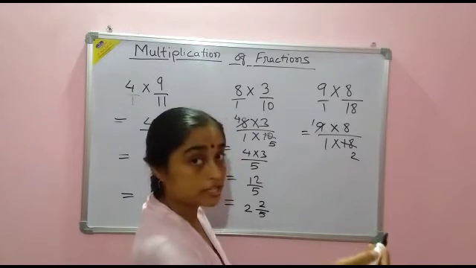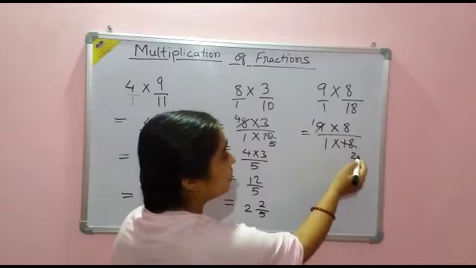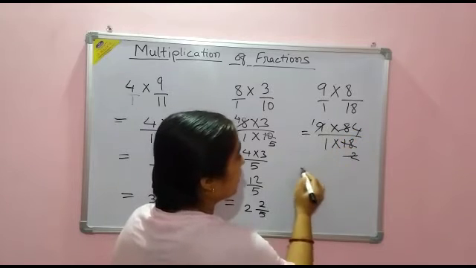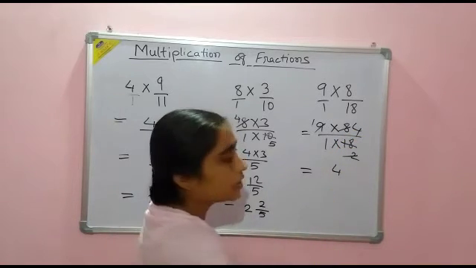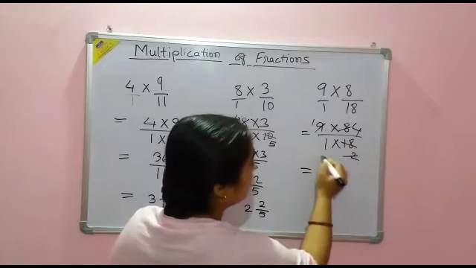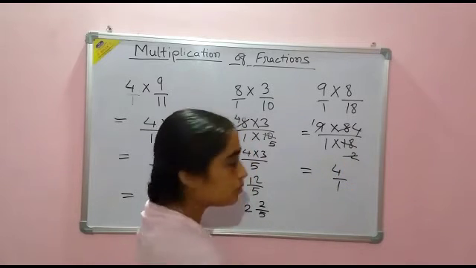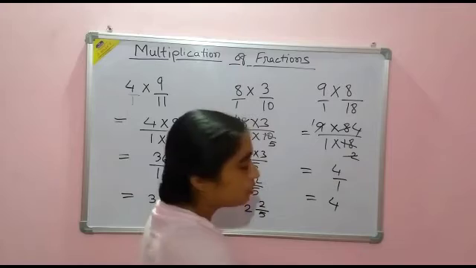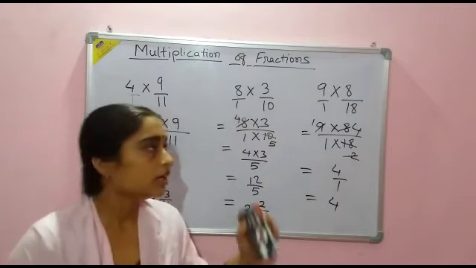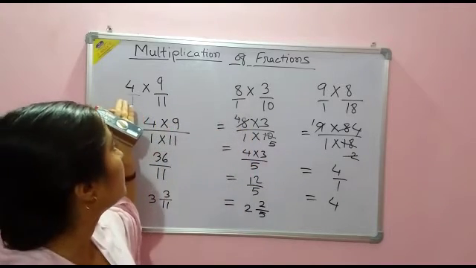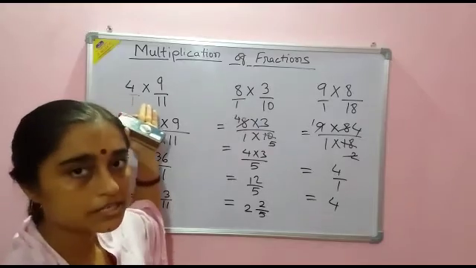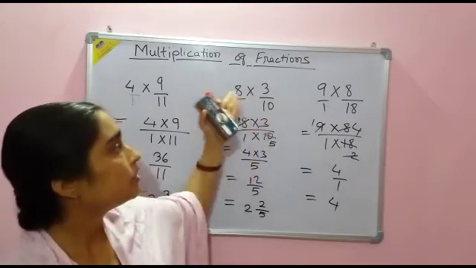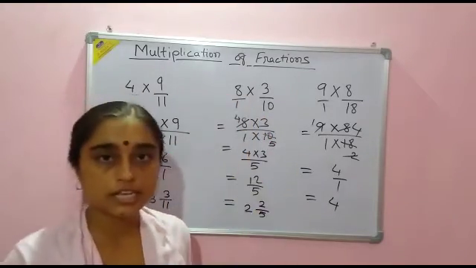See here, one more cancellation is possible: 2 4s are 8. So finally what we get is 4 in the numerator and nothing in the denominator, 4 by 1, that is, 4 is the answer. Similarly, when one whole number is there and one fraction is there, then we can do the multiplication in this way.